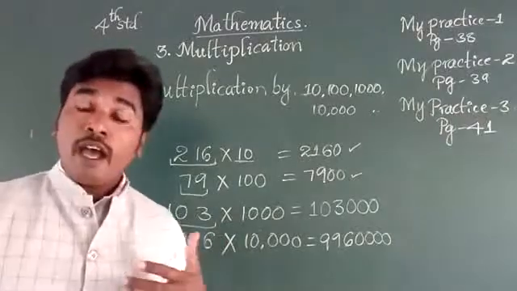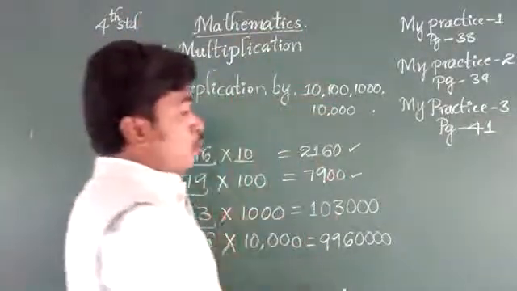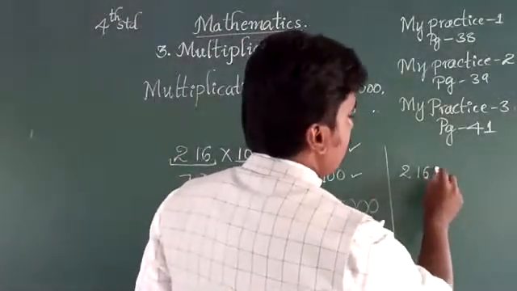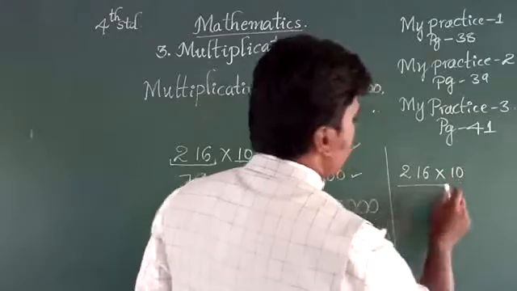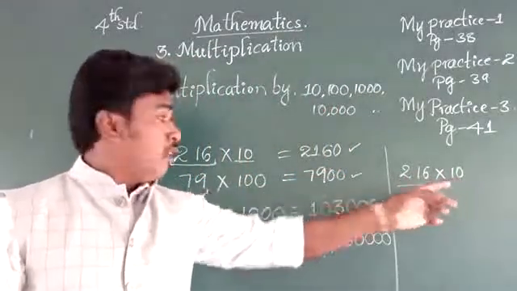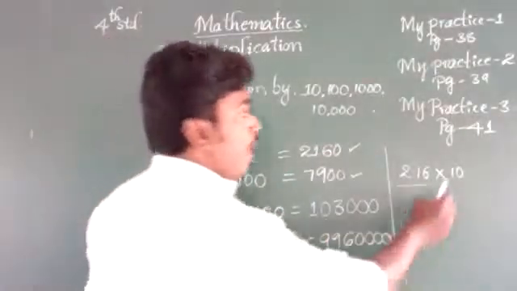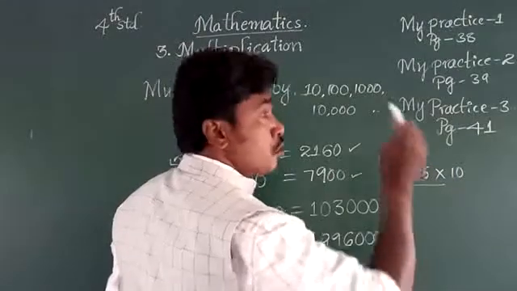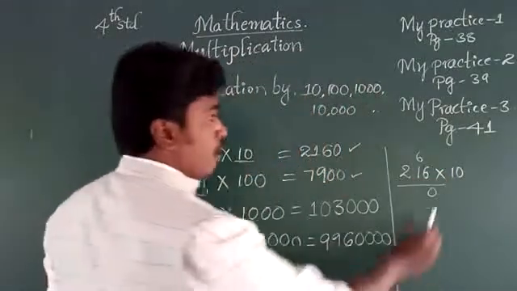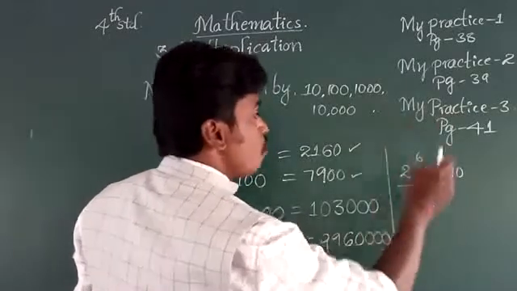Dear students, you may have a doubt whether the answer is right or wrong. So I am going to check one number, 216 into 10. Whether this answer will come or not, please check it. 10 sixes are 60. Write 0 here, 6 carry. 10 ones are 10, 10 plus 6 becomes 16.